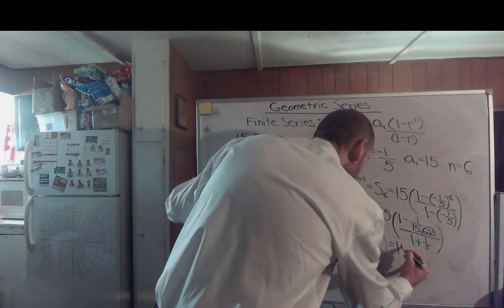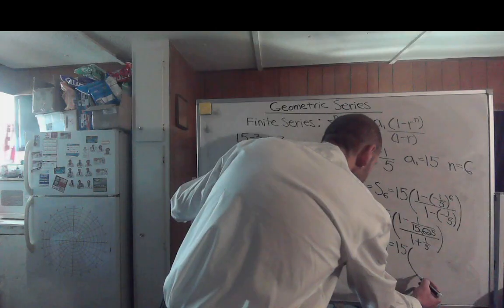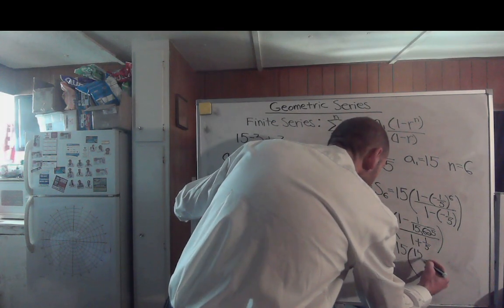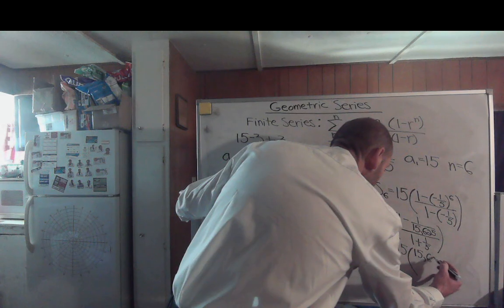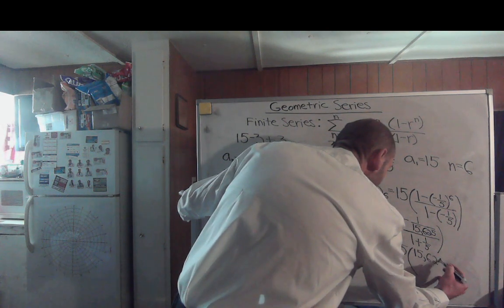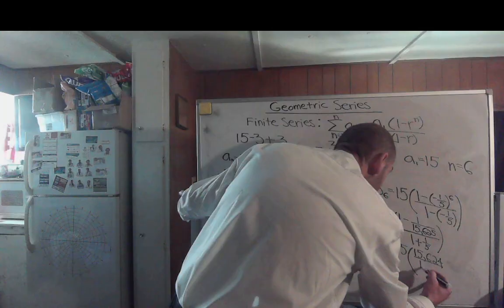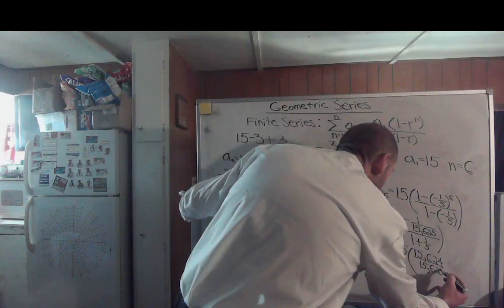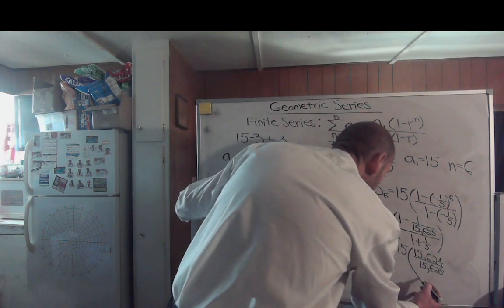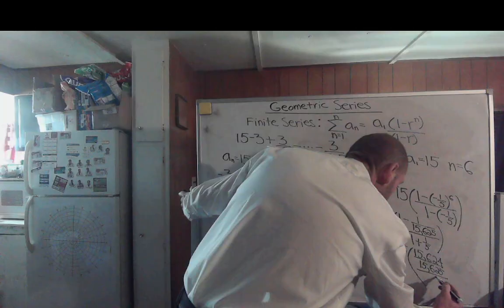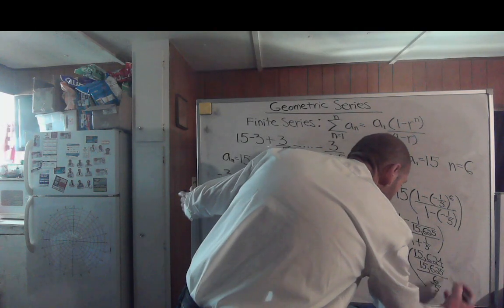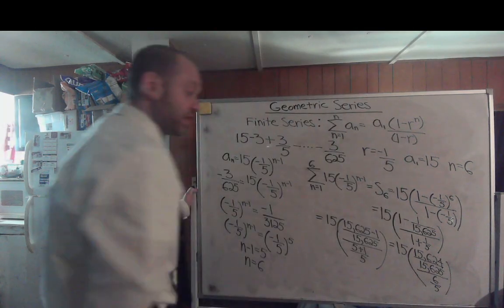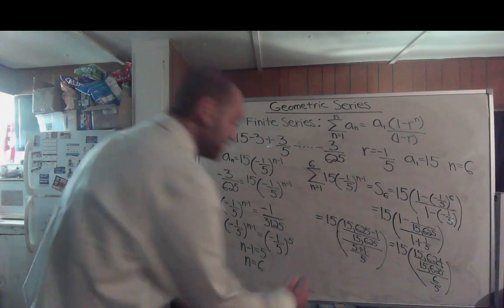That's going to equal 15 times 15,624 over 15,625 all over 6 over 5. This just turned very horrendous very quickly, didn't it?